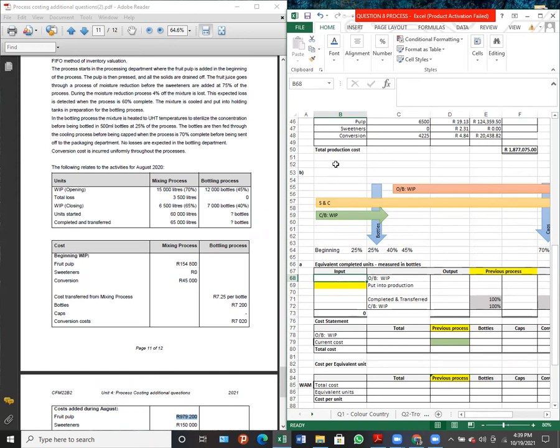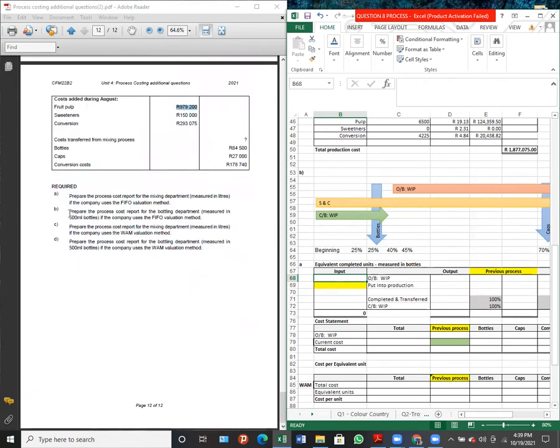Okay. Now, guys, we are on question B. Prepare the process cost report for the bottling department, measured in milliliters, in 500 milliliter bottles, if the company uses the FIFO valuation method.